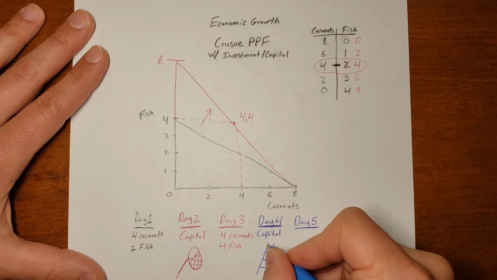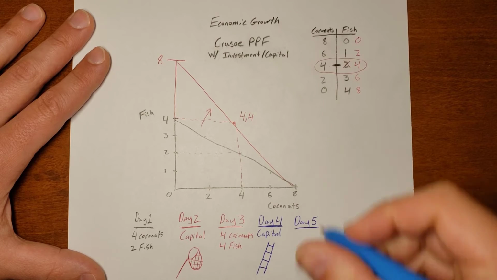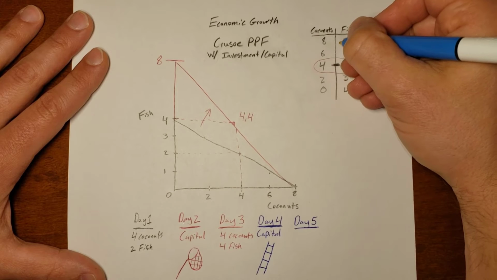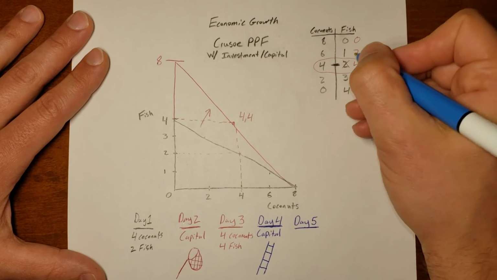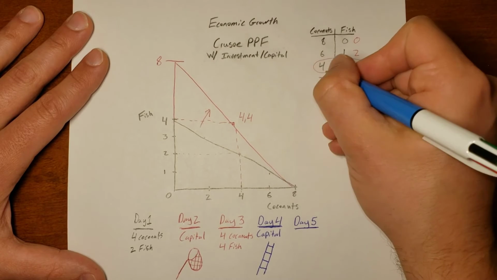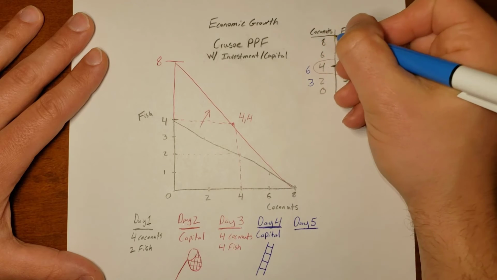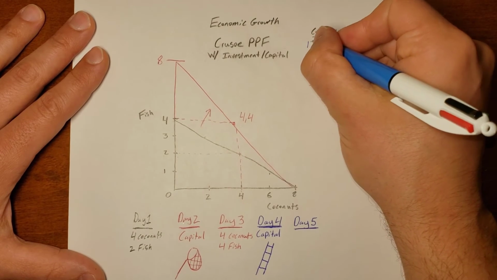This is going to be a ladder, right? It helps him climb the trees and gather the coconuts. And what this does is it allows him to increase his production of coconuts. Maybe it doesn't quite double his output. Maybe it increases it by, say, 50%. And these numbers are just made up, just for the sake of illustration.